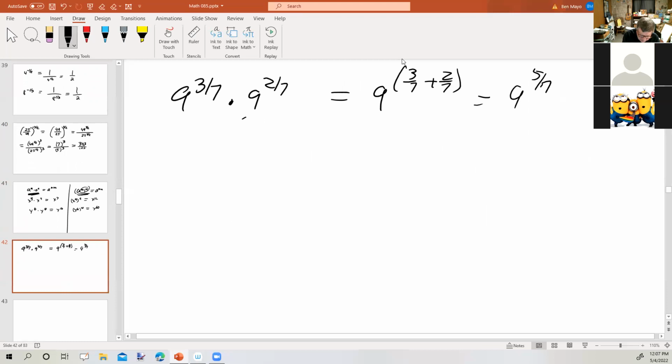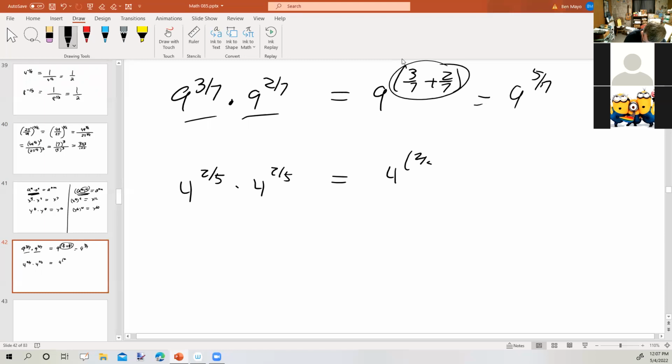Multiplying two powers with the same base, add the exponents. If I have 4 to the 2/5 power times 4 to the 2/5 power, that's 4 to the 2/5 plus 2/5 power, which is 4 to the 4/5 power.